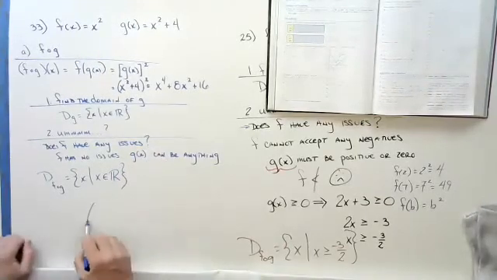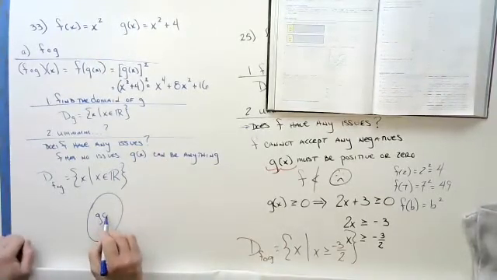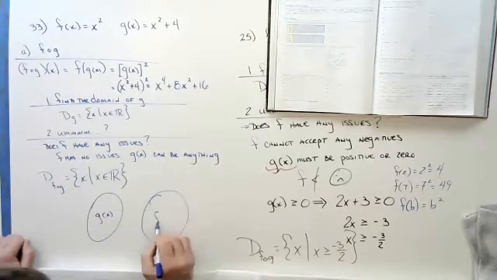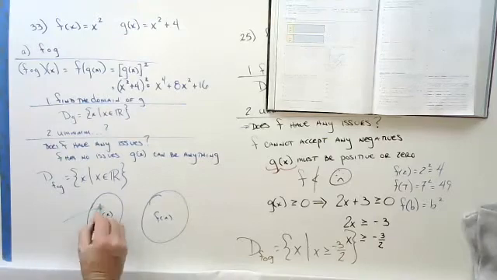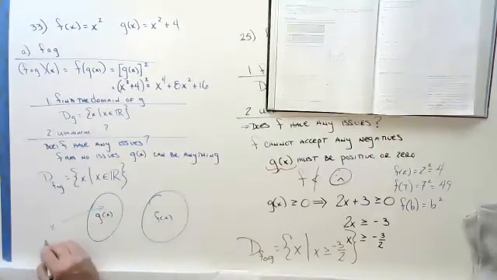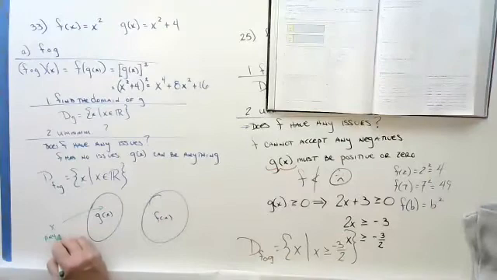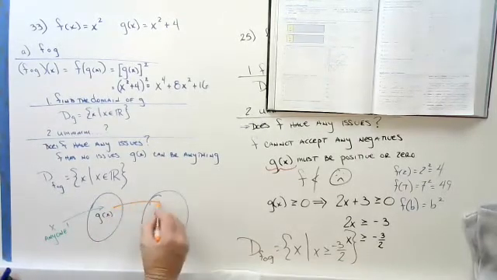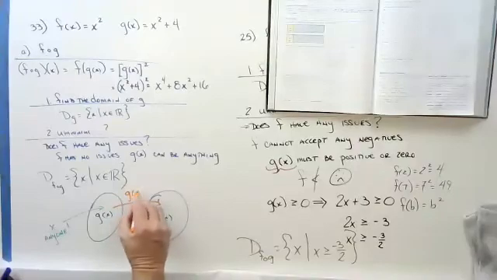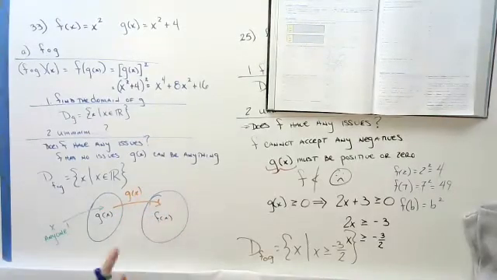Or in terms of our picture, here's g of x, here's f of x. x goes in here, and anybody can go in. Now, g of x goes here, but f says, I accept anybody.